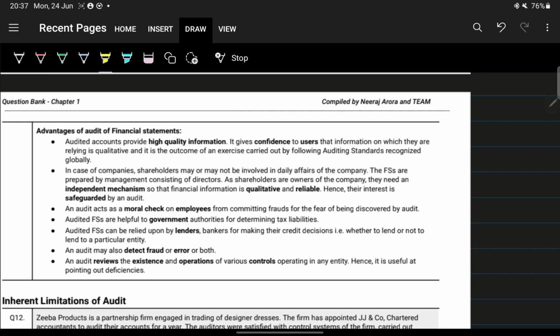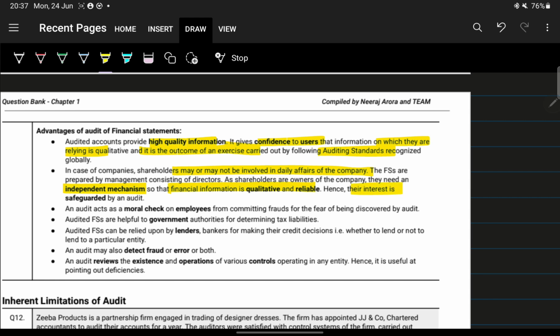Audited accounts provide high quality information and give confidence to the users, on which they are relying is qualitative, and the outcome of an exercise is carried out following the auditing standards recognized globally, okay? Next, in case of companies, the shareholders may or may not be involved in the daily affairs, right? So an independent mechanism is required so that the financial statements are qualitative and reliable.